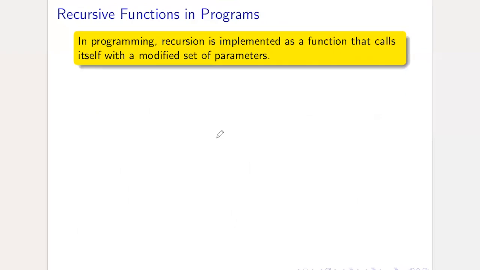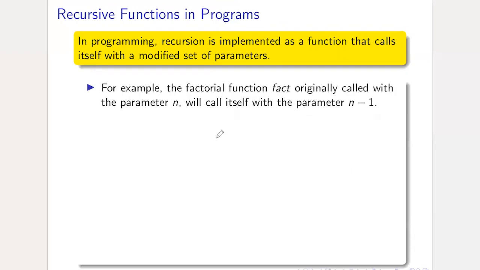So the implementation of recursion in programming, you do that with function calls, where the argument to the function gets modified. Okay, for example, now let's say the factorial function has the name fact.